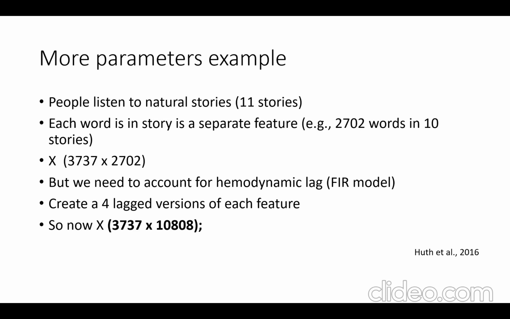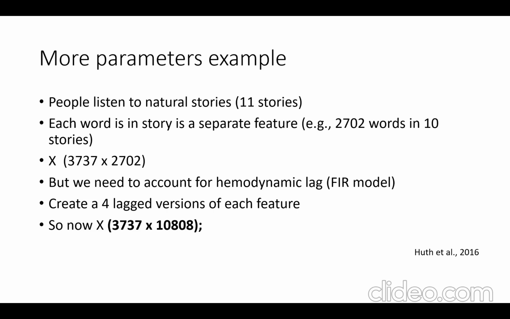Then it can become quite difficult what features to use. And one example might be that we use each word as a separate feature. So for each word, we have an indicator variable. You know, the word cat happened 20 seconds in. The word dog happened 40 seconds into the story.